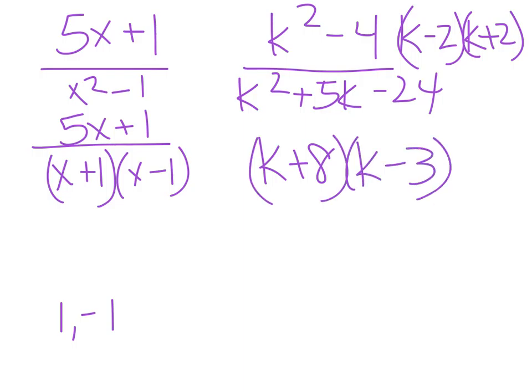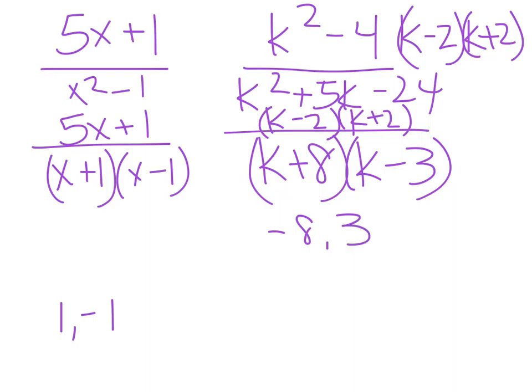If I factor that correctly, k minus 2, k plus 2, squeeze that in there, because I know that I needed something to be 24 and it needs to be positive. The bigger one needs to be positive. The reason I did this is to see, is there anything I can cancel, and I can't. So the excluded values here would be negative 8 and 3.